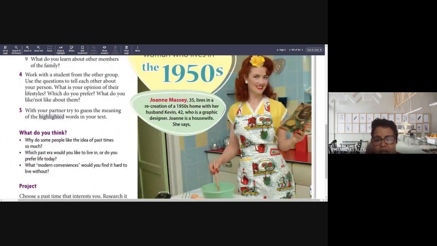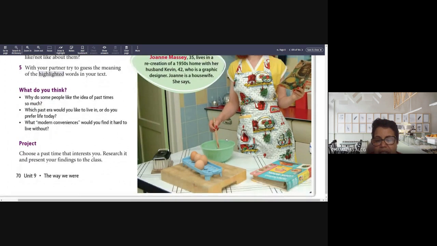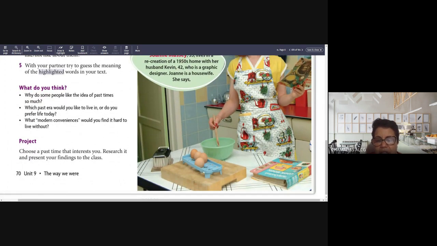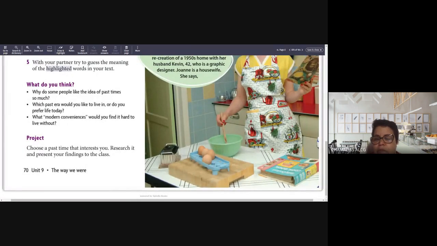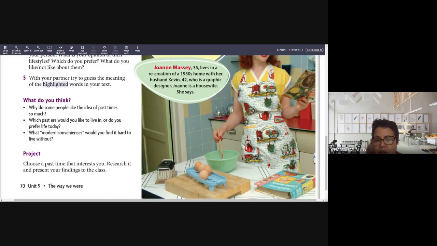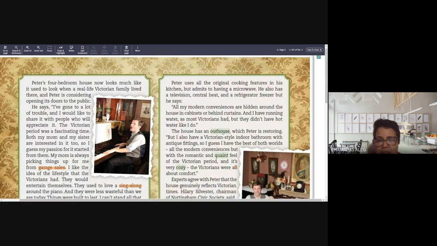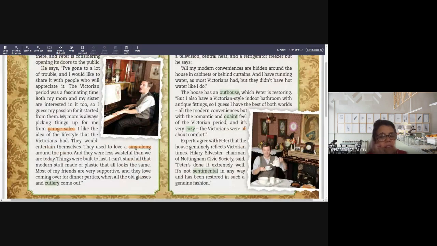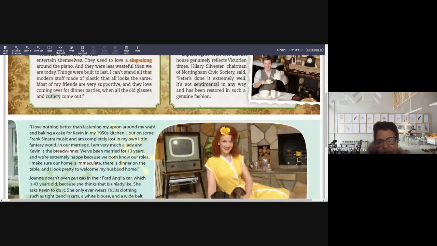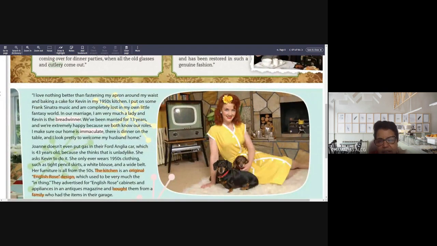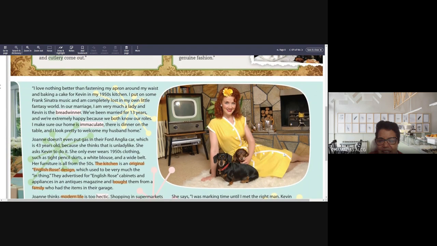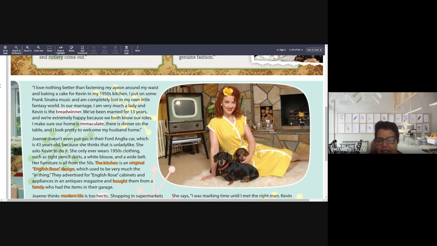Here we have a typical 1950s kitchen, right? This is typical of the 50s. The apron, all the kitchen utensils. Here, yes, this is the Victorian time. Oh, this is so Victorian. And this is from the 50s. Look. The fireplace.